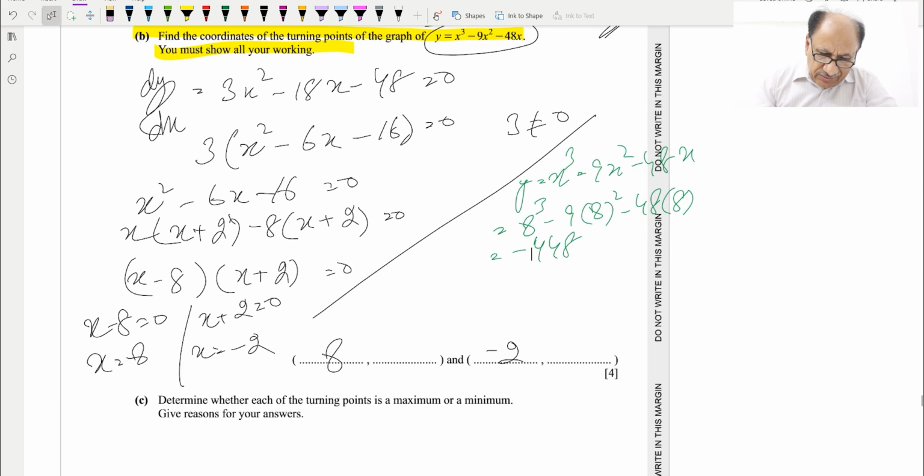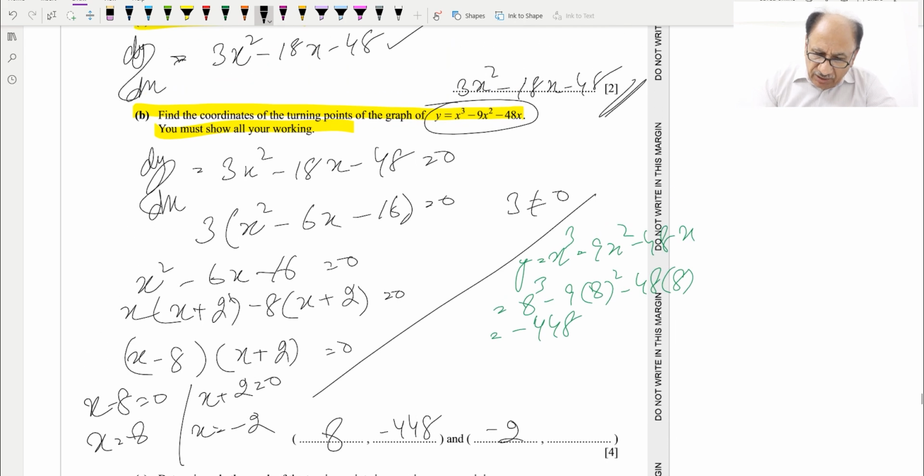So when we replace the 8 value, we are getting minus 448, and if we replace minus 2, y is equal to minus 2 cube minus 9 into minus 2 square and minus 48 into minus 2.